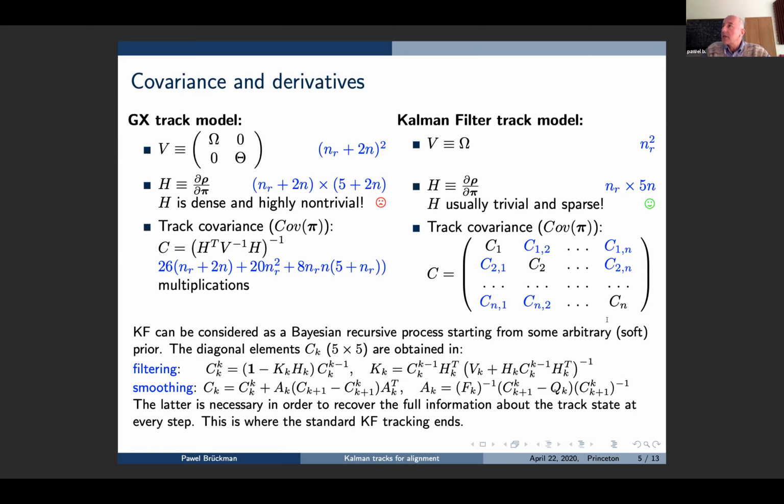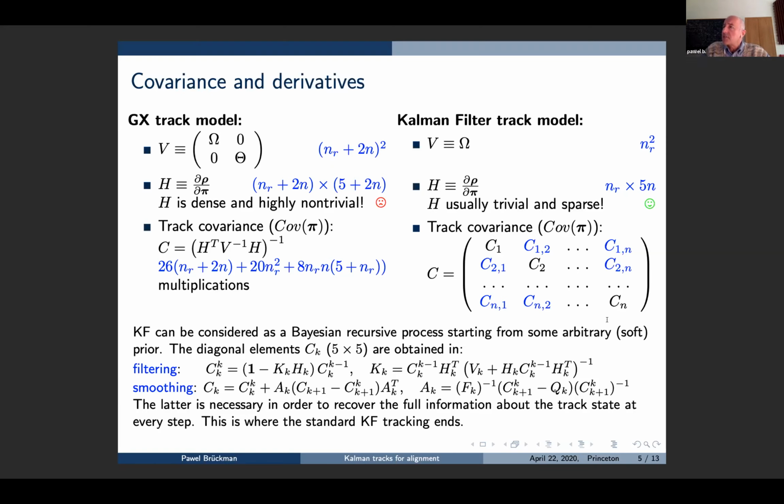Now, the Kalman filter track model is seemingly simpler, especially the derivative matrix, H, which is trivial and sparse. Trivial in the sense that these are derivatives with respect to track parameters defined locally, usually at the measurement plane, which makes it very simple.